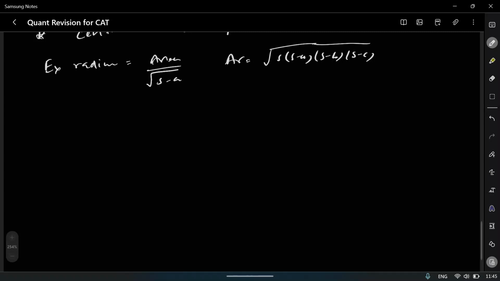Area equals half base into height, and half ab sin C. It also equals inradius into semi-perimeter, equals abc by 4R.